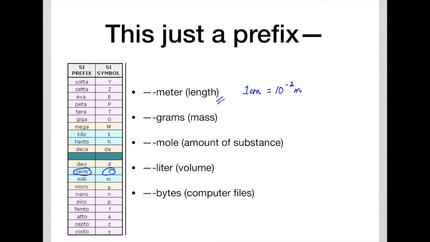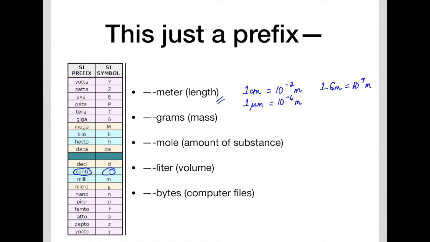If it is micrometer, 1 micrometer is 10 raised to negative 6 meter. If it is, let's say, 1 gigameter, that is 10 raised to 9 meter.